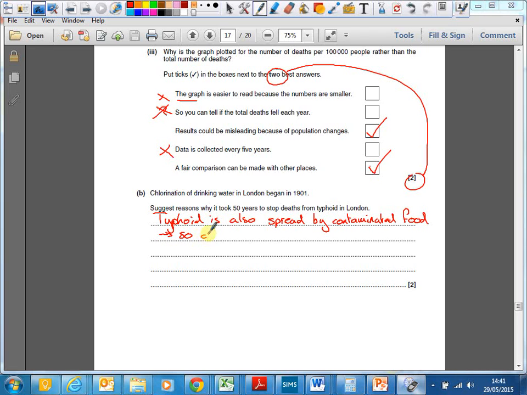So chlorinating water will not prevent this.